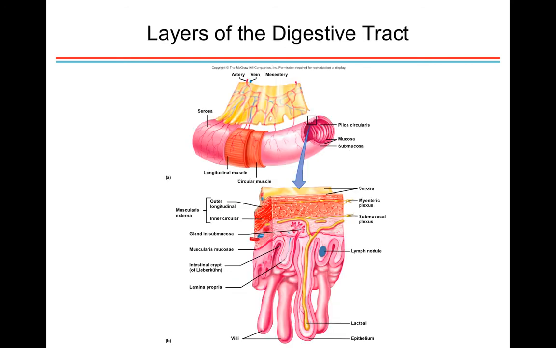And this is a close-up looking at the layers of the digestive tract. So on the outside we have the serosa, which is the connective tissue, and then we have muscular layers underneath.